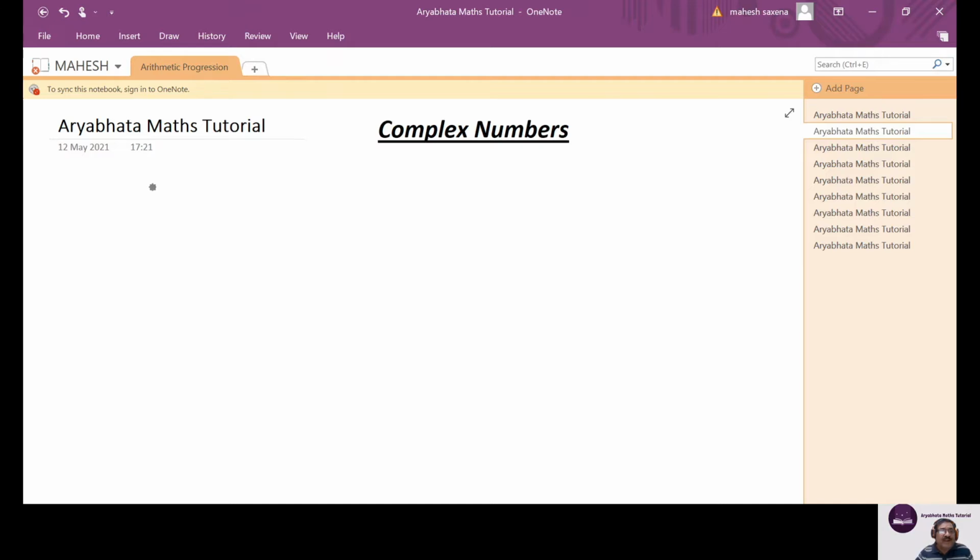Suppose we have to find under root minus 1. Under root minus 1 is an imaginary number and it is denoted as i. Therefore, i square will be under root minus 1 into under root minus 1, that is minus 1.